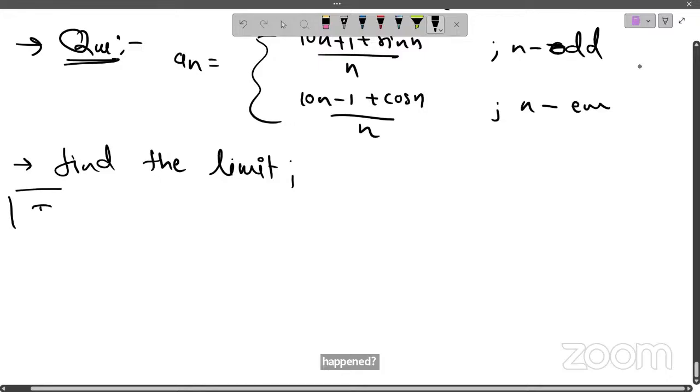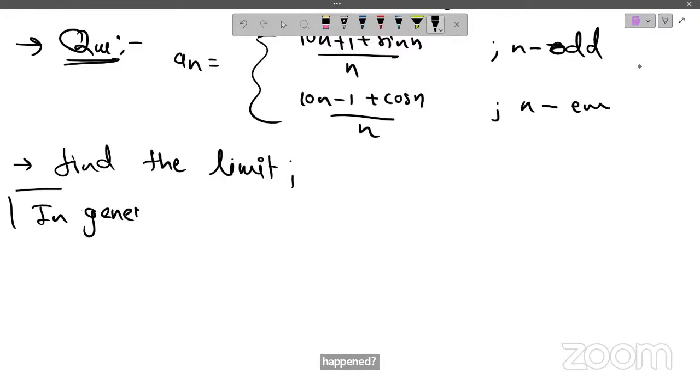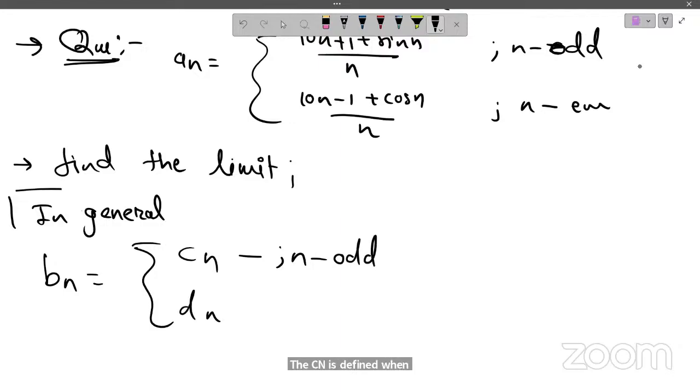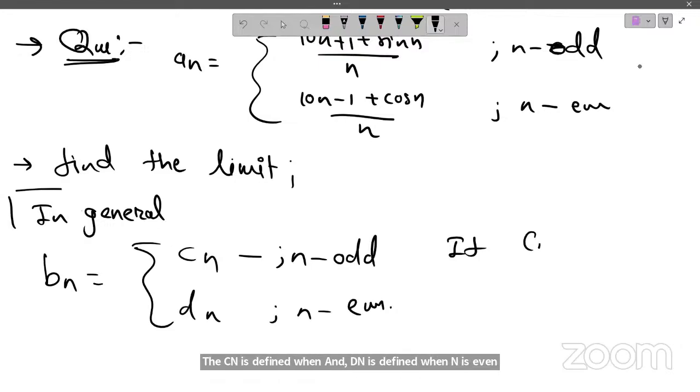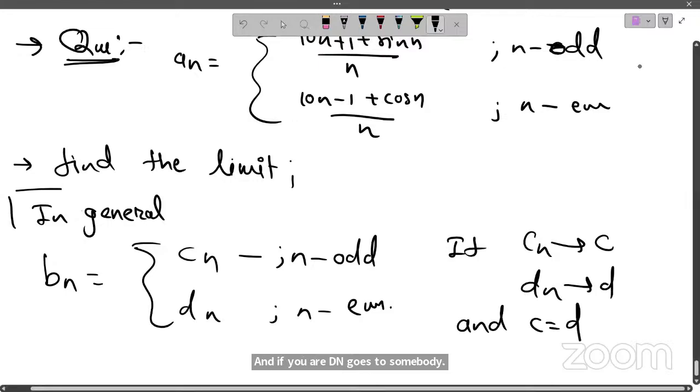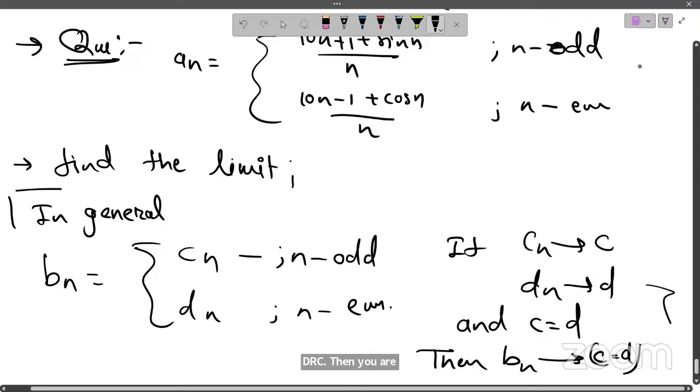In general, suppose you have some sequence Bn, and it is defined by two sequences, Cn and Dn, where Cn is defined when n is odd, and Dn is defined when n is even. If your Cn goes to some C, and your Dn goes to some D, and C and D are the same, then your Bn will also go to that C equals D, whatever quantity it takes.